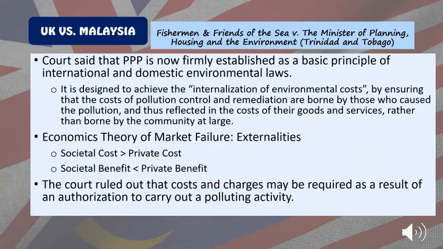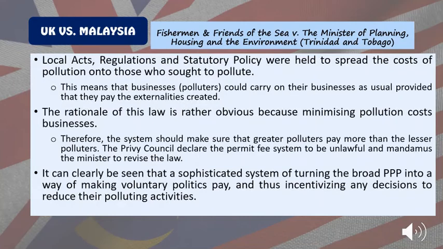The court ruled that costs and charges may be required as a result of an authorization to carry out a polluting activity. The court also commented that local acts, regulations and statutory policy will help to spread costs of pollution onto those who sought to pollute.